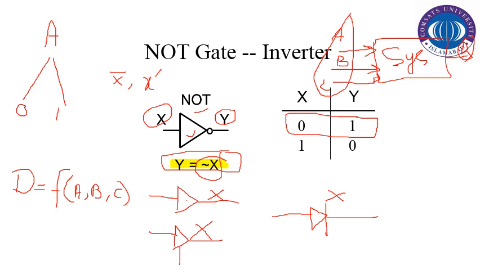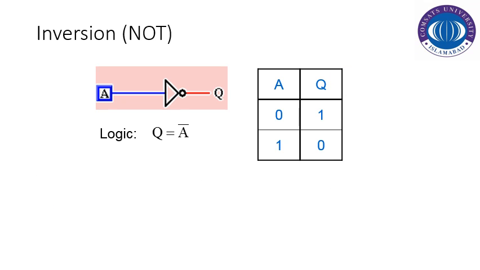So these are the alternative representations of the NOT operation. As far as the inversion is concerned, in this representation we can see that Q is the output that is a function of the input A. So Q is equal to A prime. Basically we are performing the NOT operation.